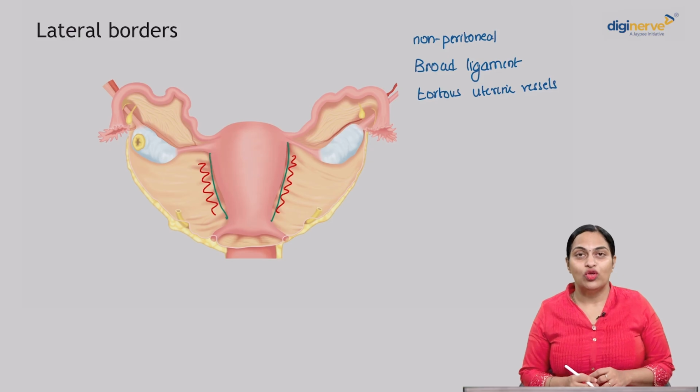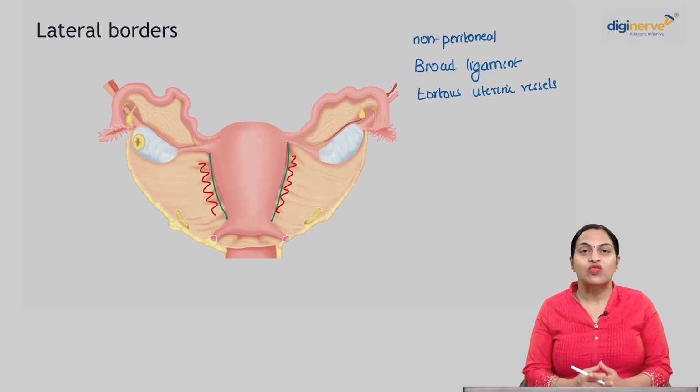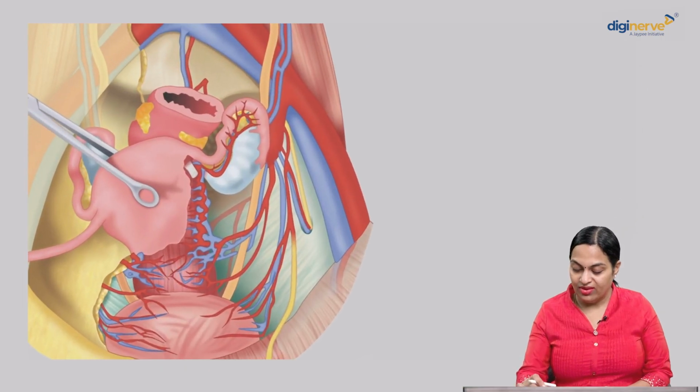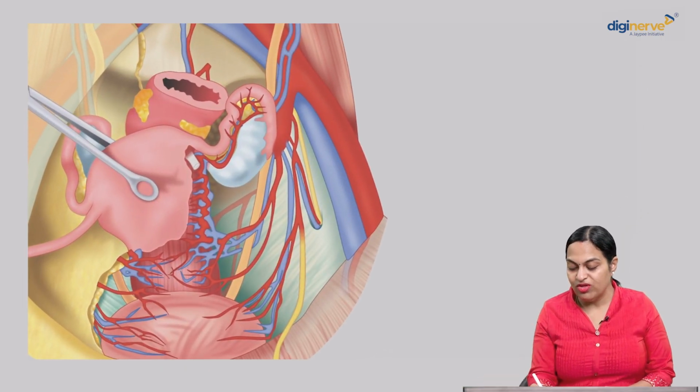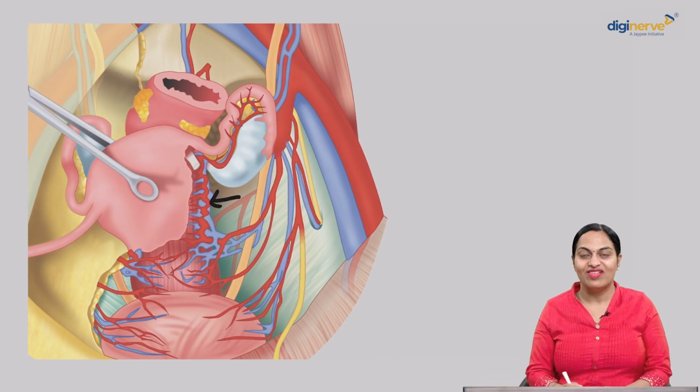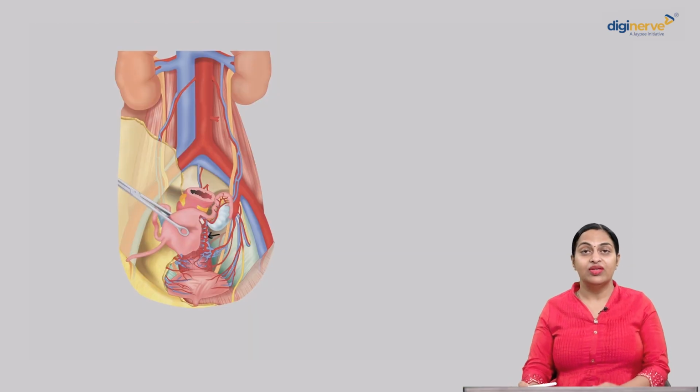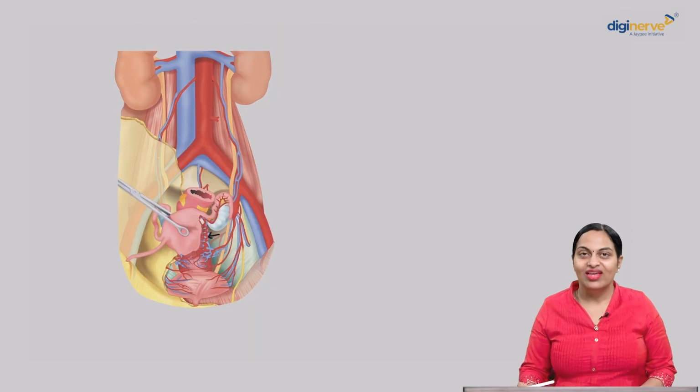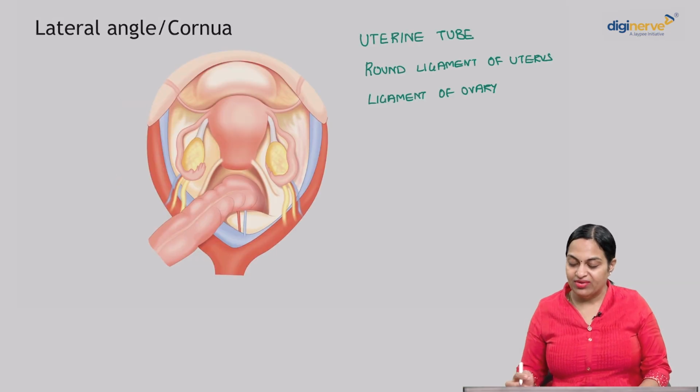The course of the uterine artery is tortuous so that it allows expansion of the uterus. Over here, can you appreciate the tortuous uterine vessels, right? And remember, the uterine artery is a branch of internal iliac artery. Anterior division of internal iliac artery, right?